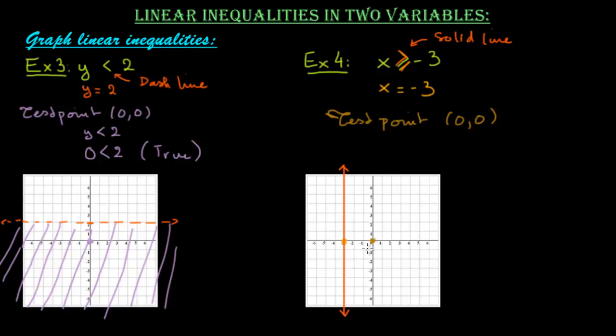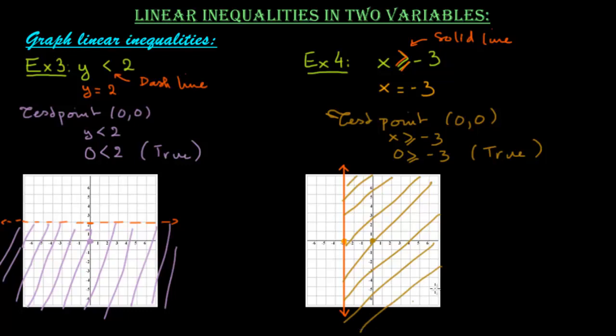So 0, 0 right here. Okay. So we have x greater than or equal to -3. So 0 greater than or equal to -3, and that is another true statement. So we will shade this direction, the right side. And that is the answer for example 4.